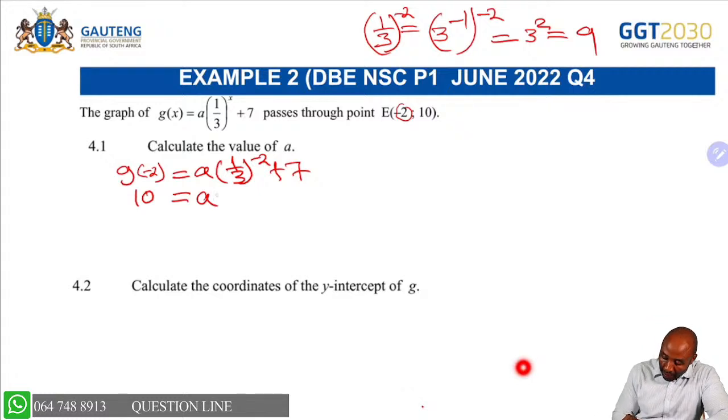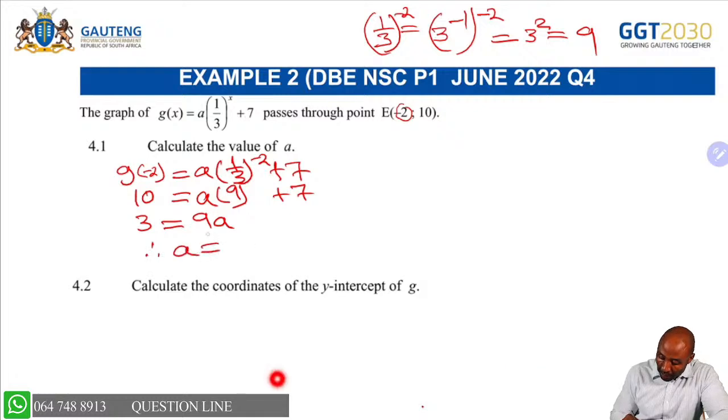So this I can write as 9a plus 7 equals 10. 10 minus 7 will give us 3, and this will give us 9a. Therefore, we divide both sides by 9 and we get a as 1 over 3.